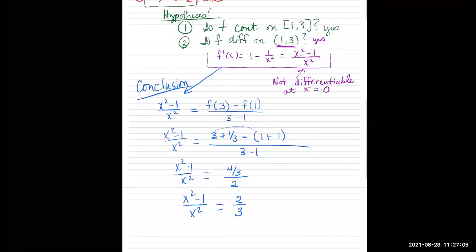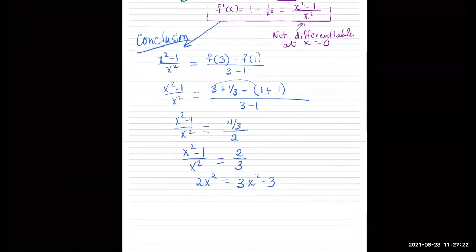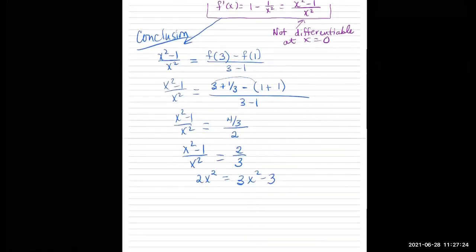Okay, so I'm just going to cross multiply. So I have 2x squared equals 3x squared minus 3. So I'm going to subtract 3x squared from both sides and then divide by -1.